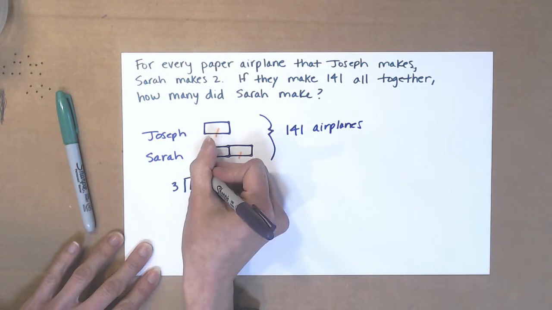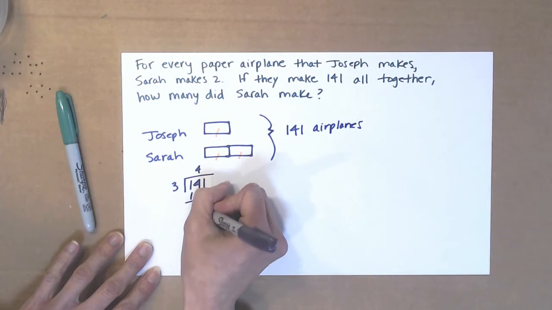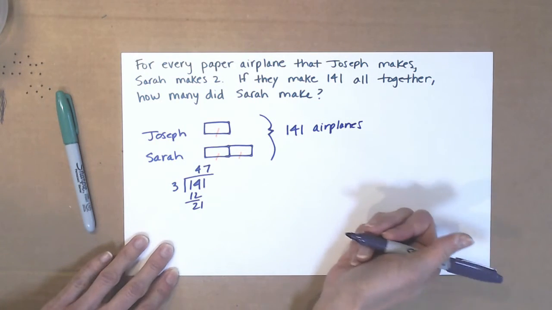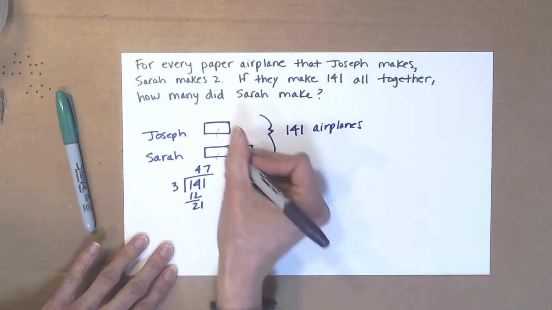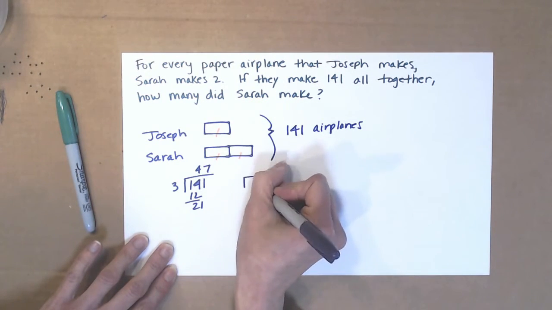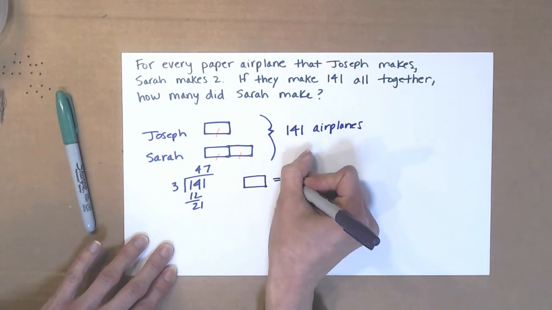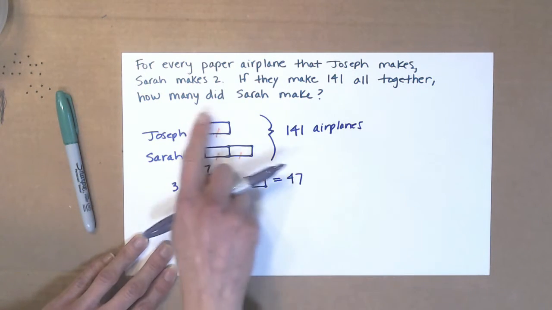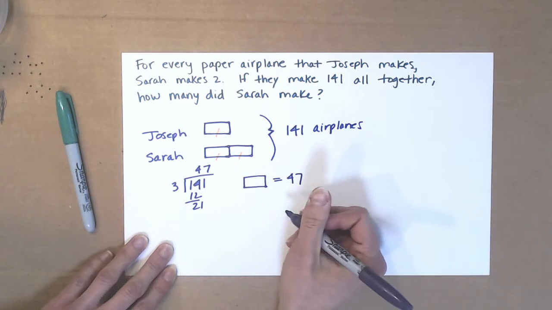So let's do our math here. We get 47. Okay, so each of these parts is 47. Sometimes I like to do this in my problems. A part equals 47.